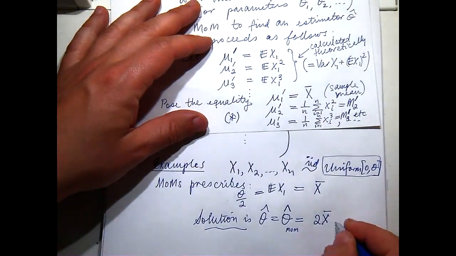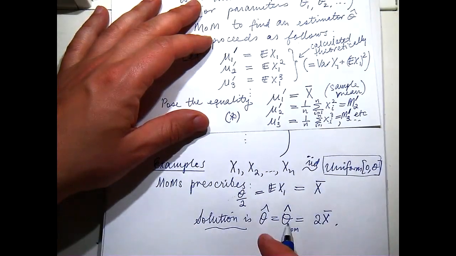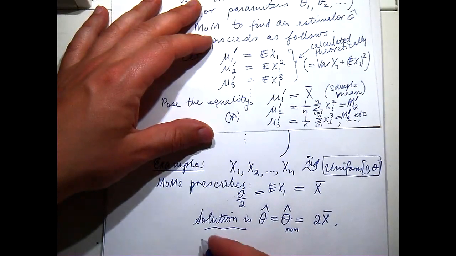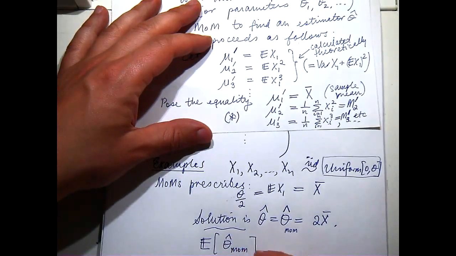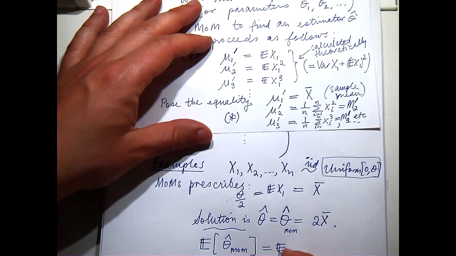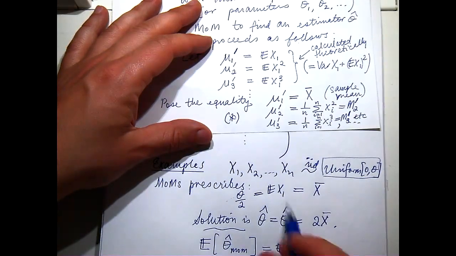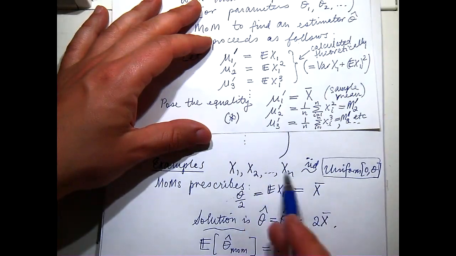Now this is quite different from the estimate that we gave before. Very different. But let's just check its bias. The expected value of this method of moments estimator is the expected value of 2 X bar. Now, X bar has the same mean as the individual Xi's.